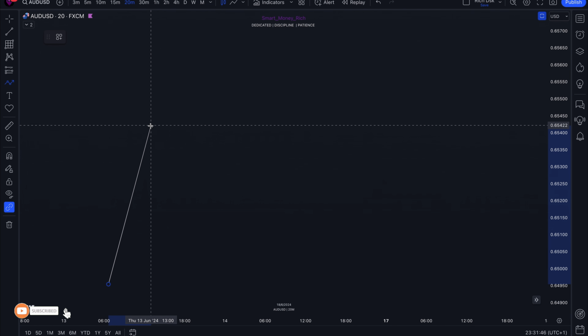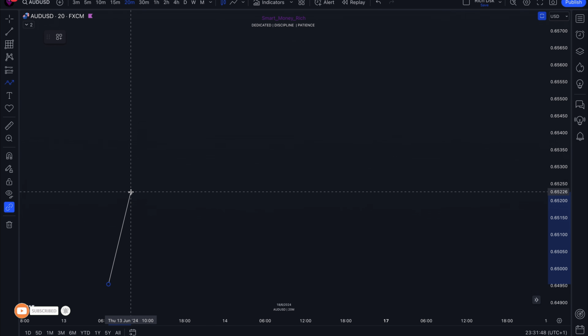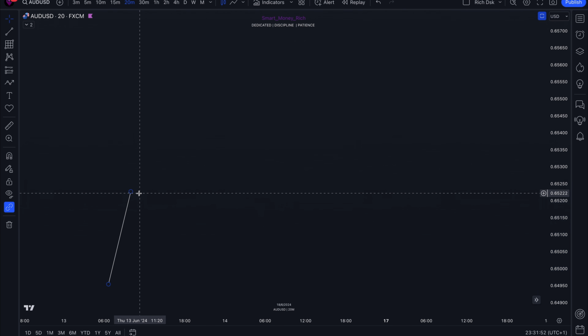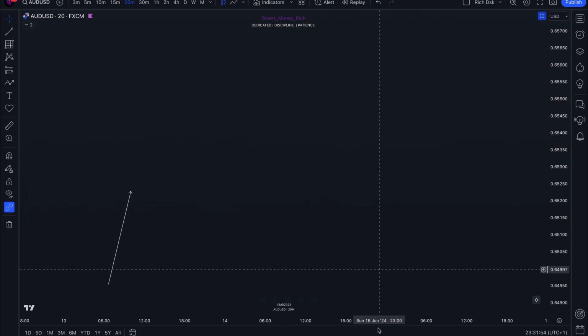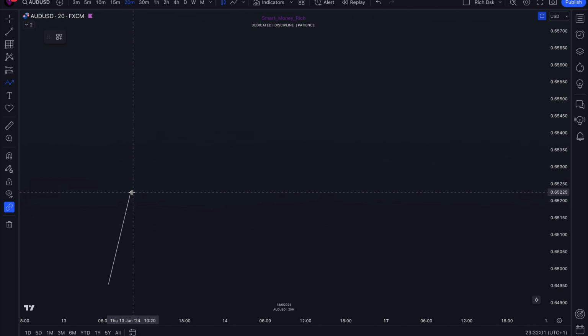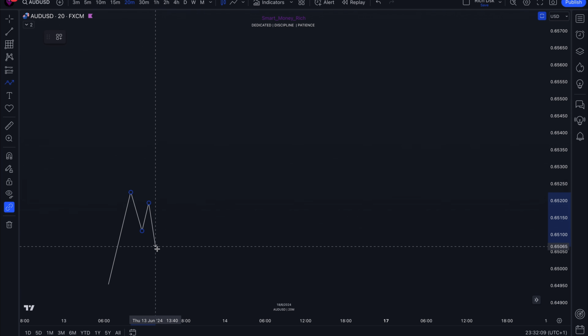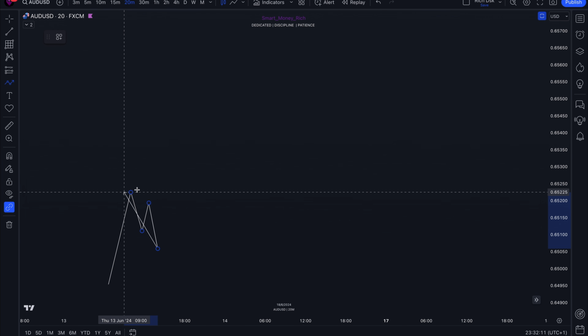When price gives us a low and then goes on to give us a high, once we start to see a pullback, guys, remember, once we start to see a pullback, that's when we now consider this high to be a high, right?